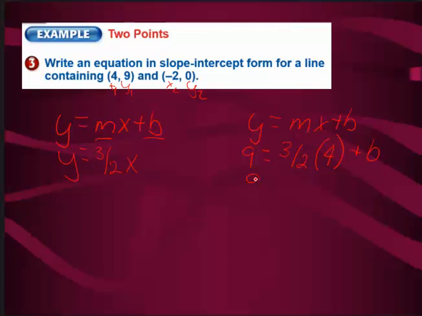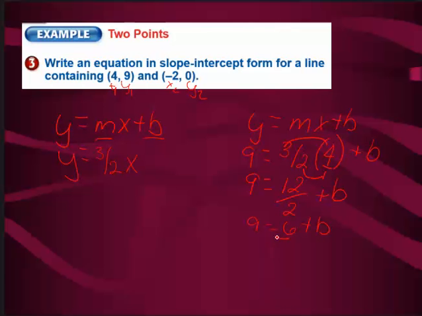So now let's do the math. 3 halves times 4. Well, 3 times 4 is 12. I still have the 2 on the bottom, because remember this is like 4 over 1, so I'm multiplying tops with tops, bottom with bottom. I get 12 over 2 plus b. So 9 equals, what is 12 divided by 2? 6.